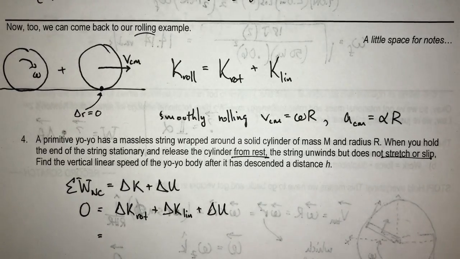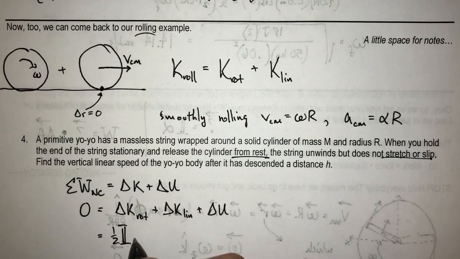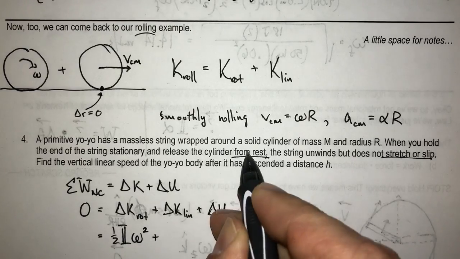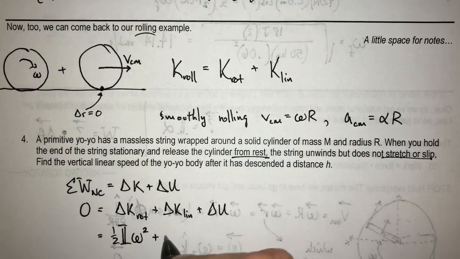Okay. So, from rest, fine. 1/2 I omega squared, you remember what it is? Rotational mass times rotational velocity squared minus 0, but we started from rest, so that's okay.